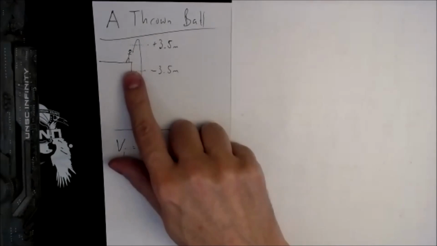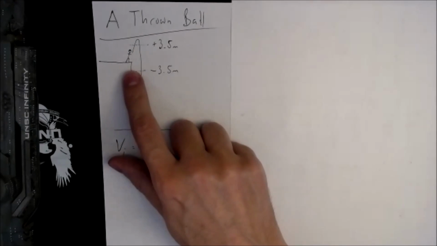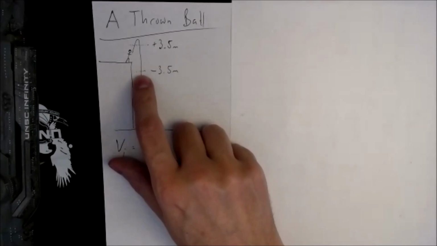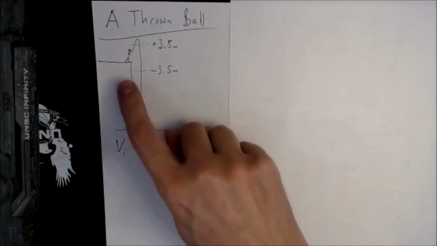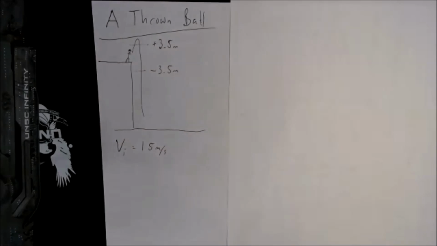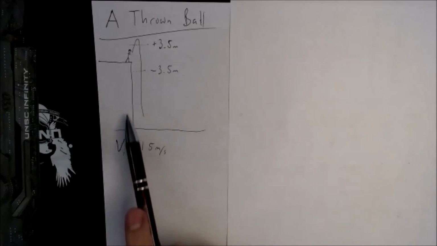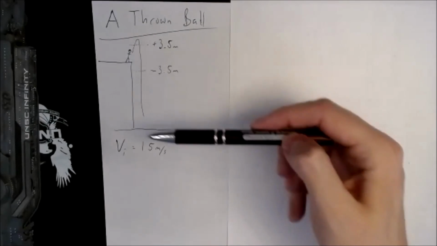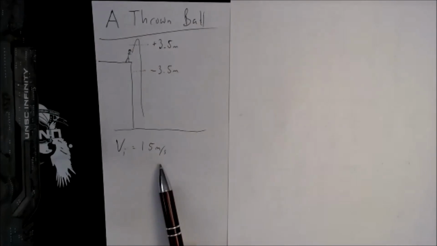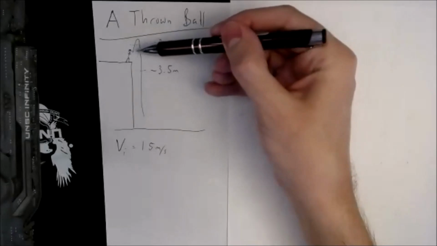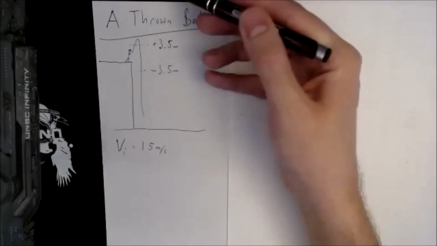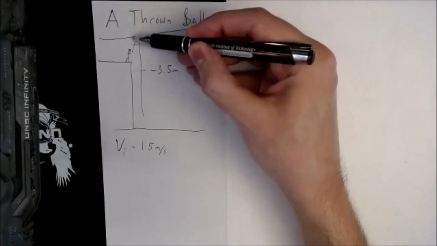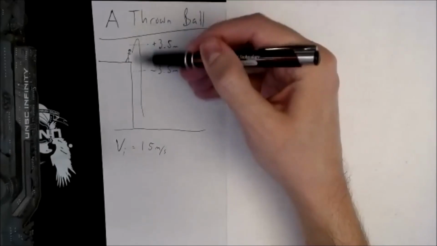It's always a fantastic idea to draw anything that you're working on. So here is the drawing of the Crawford building. Great, fantastic drawing from me. There's you on the roof. You throw the ball straight up at 15 meters per second. You're leaning off a little bit, but let's just pretend that's straight up. Really, it should go straight up and then straight back down along the same path.